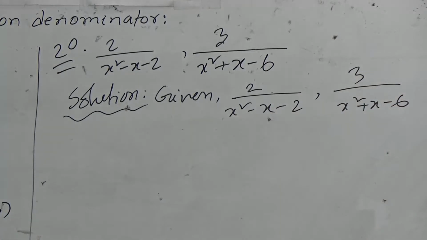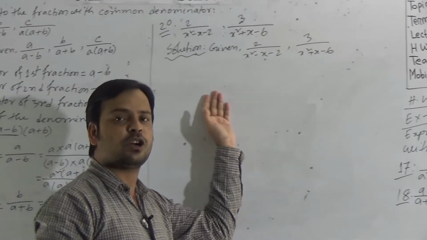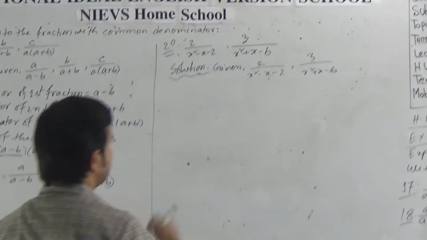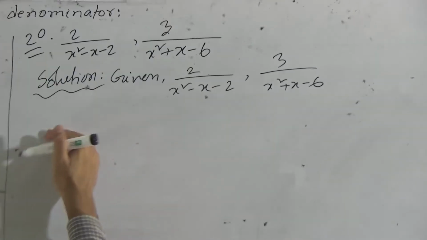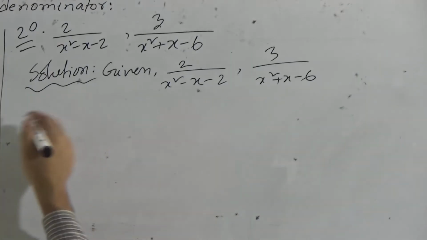These two fractions are given. We need to express these two fractions as fractions with a common denominator. To do this, at first we have to factorize the denominators of both fractions.